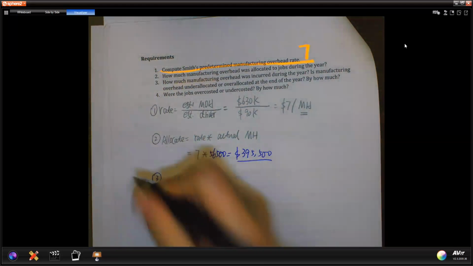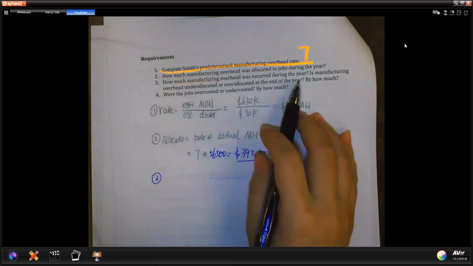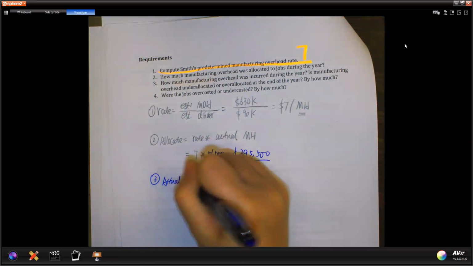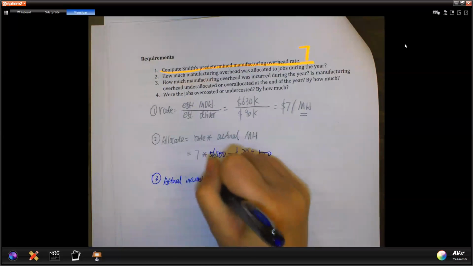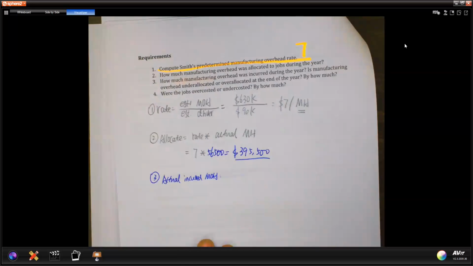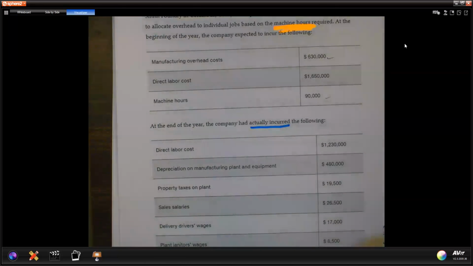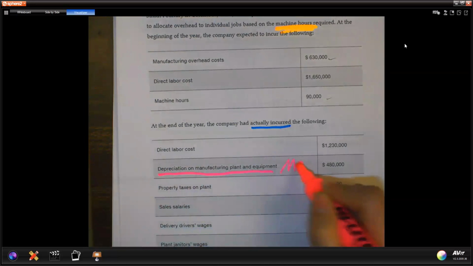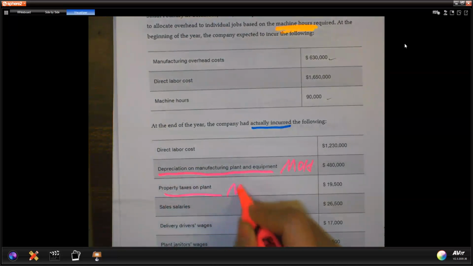Third one asks how much manufacturing overhead was incurred during the year. So the actual incurred, right? We want to find out the actual incurred manufacturing overhead. This is related with your chapter 2. You have to know depreciation on plant, this is manufacturing overhead.